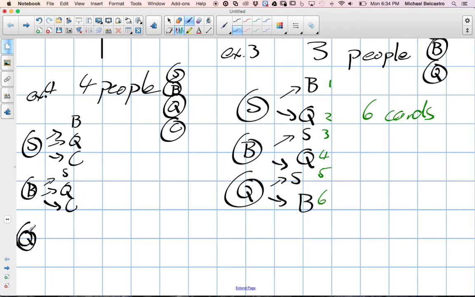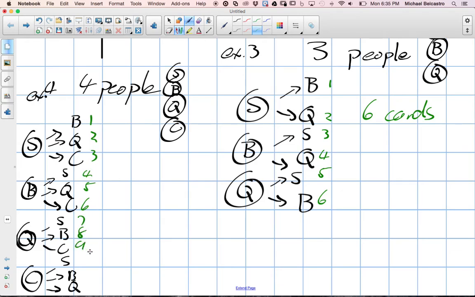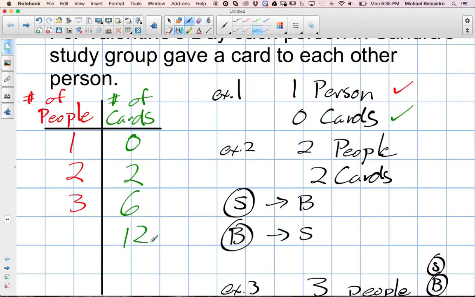Quincy can give a card to Sandra, Bob, and Chris. And finally, Chris can give a card to Sandra, Bob, and Quincy. How many cards are we getting here? 12. So 12 with 4 people.